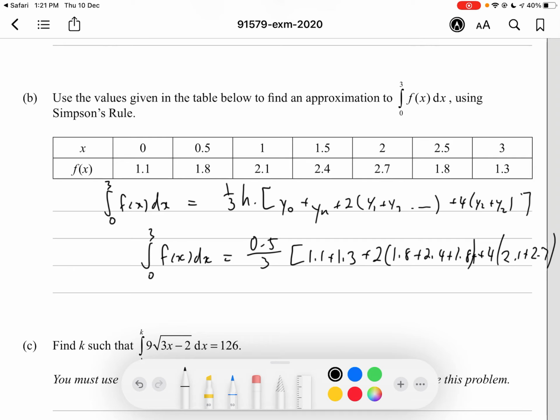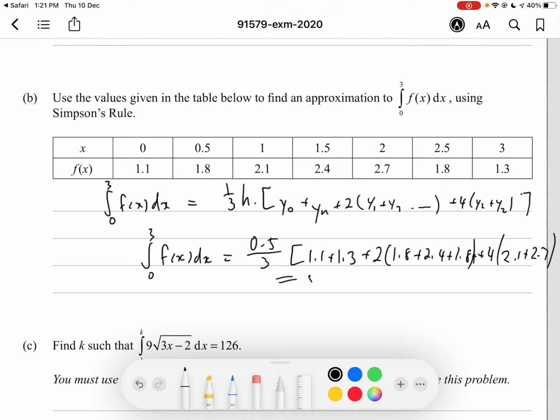Oh, this thing is not working. Alright, there we go. That took a while. I apologize.